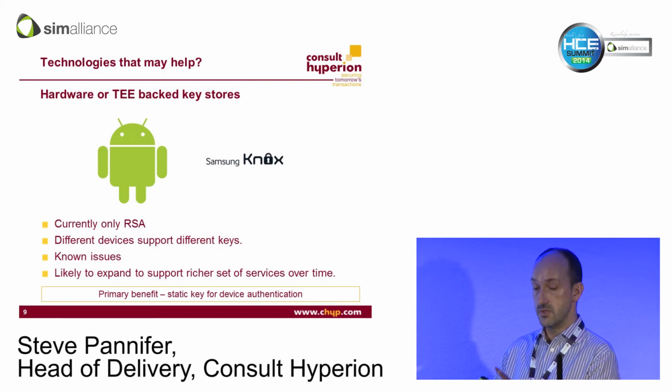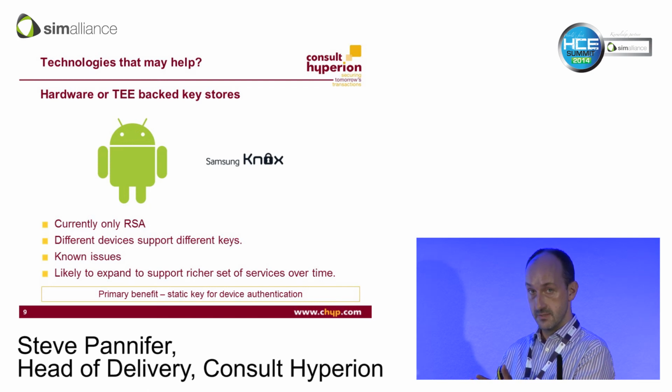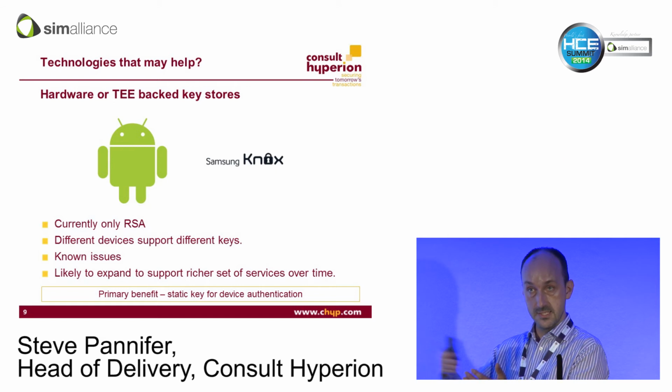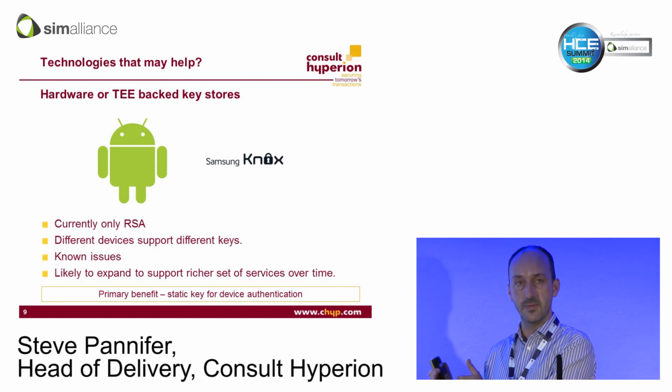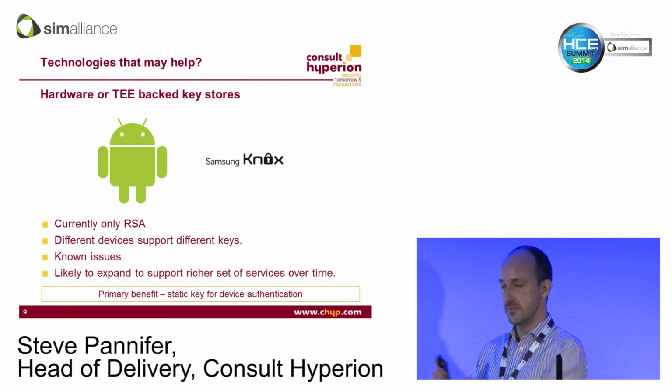If you have an Android device, in Android there's a thing called the key store. It may or may not be hardware backed, depending on the capability of the device. But if it is, then you know that your keys are being held and processed in an area that's separate, from a hardware point of view, from the main operating system. It's not tamper resistant in the same way that a secure element is, but it does provide some level of security.